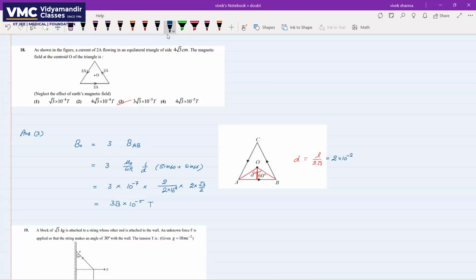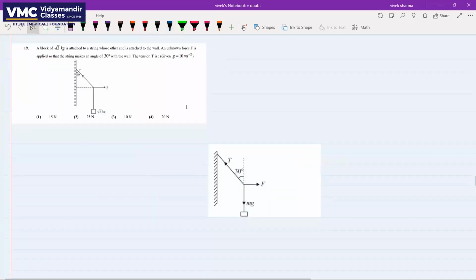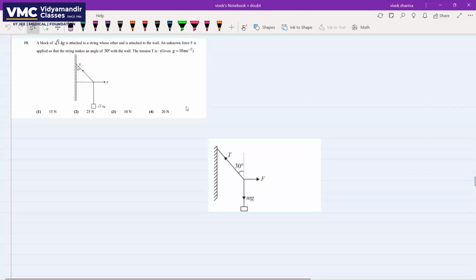Question number 19 vectors का question है.